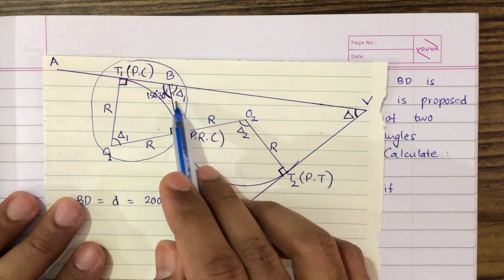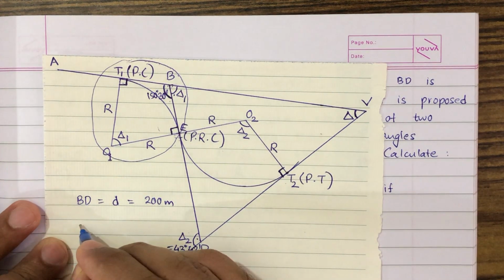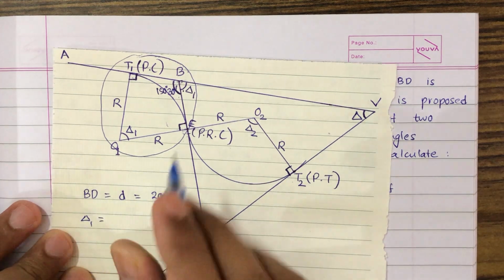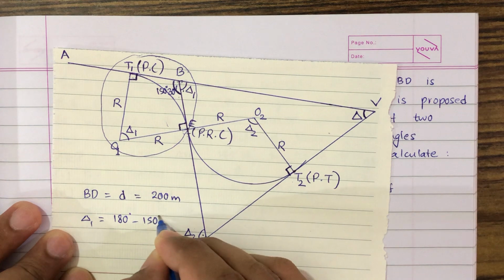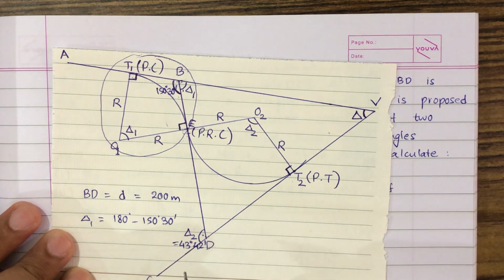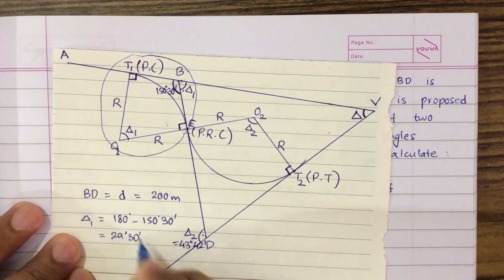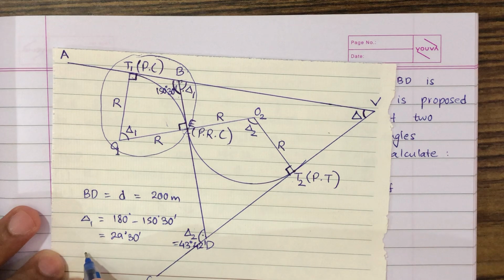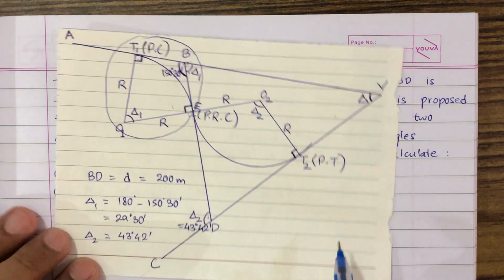This angle is given as 150 degrees 30 minutes, so delta 1 will be equal to 180 degrees minus 150 degrees 30 minutes, which comes out to 29 degrees 30 minutes. And delta 2 is already given as 43 degrees 42 minutes.